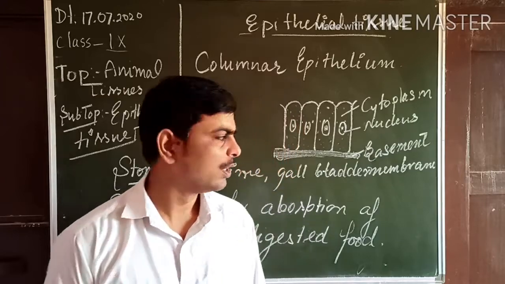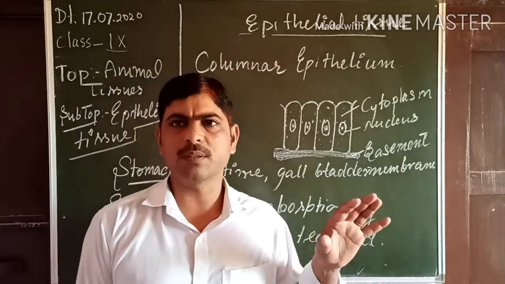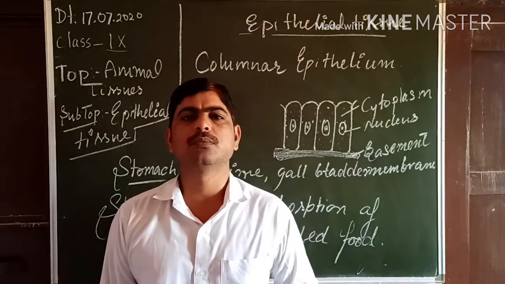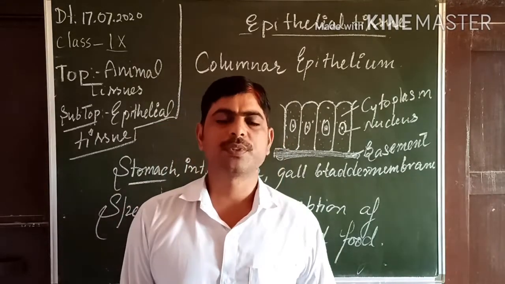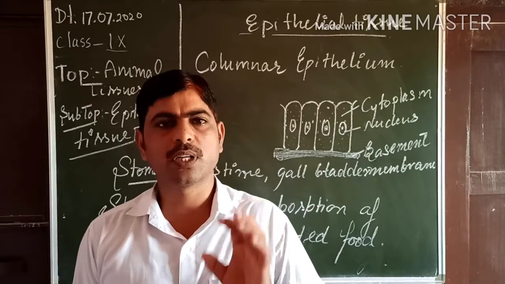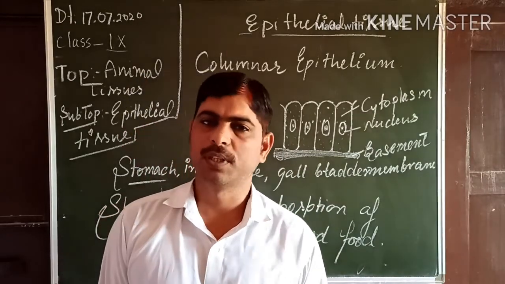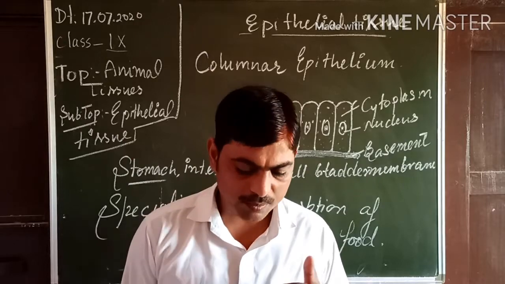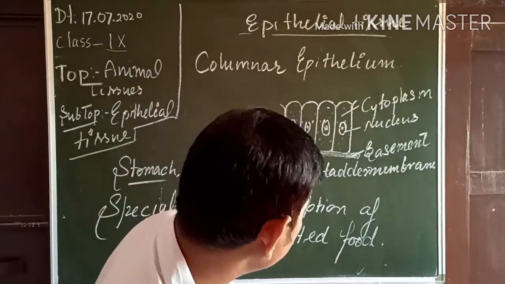So these are the basic types of epithelial tissue: squamous epithelium, cuboidal epithelium, and columnar epithelium. The rest of the types are modifications of them.